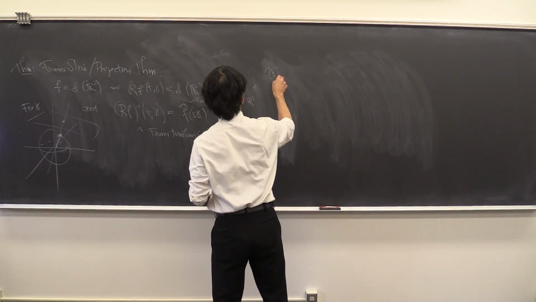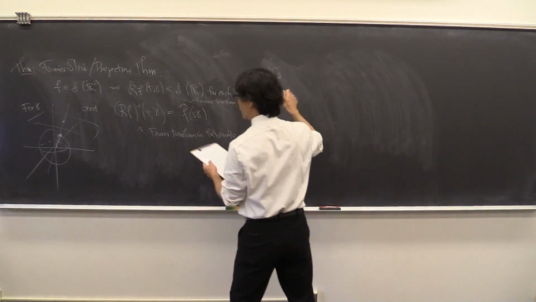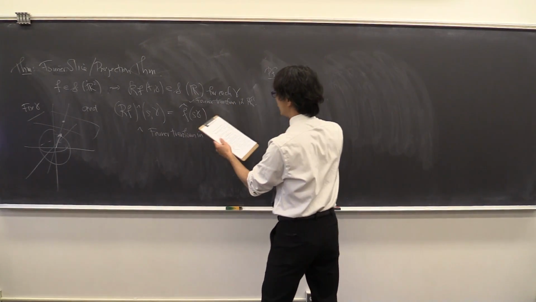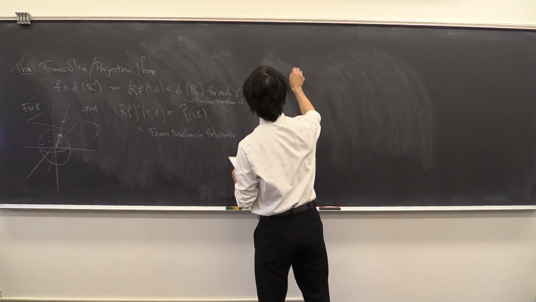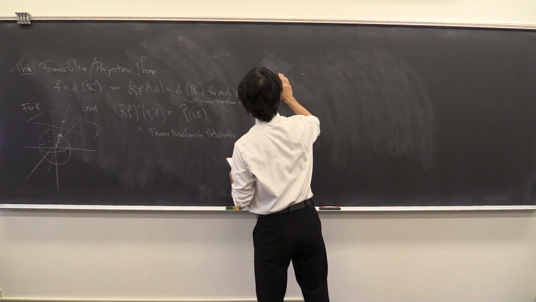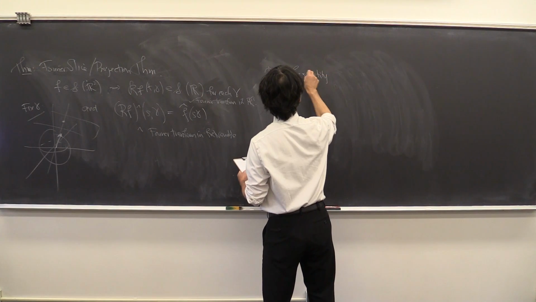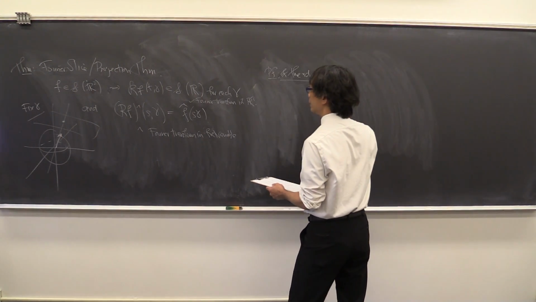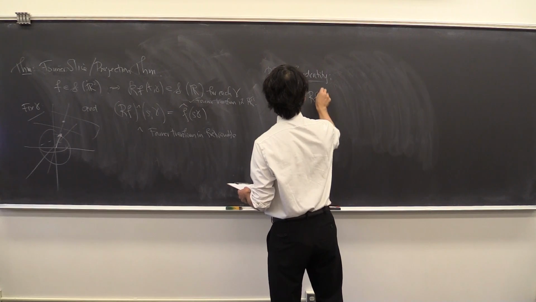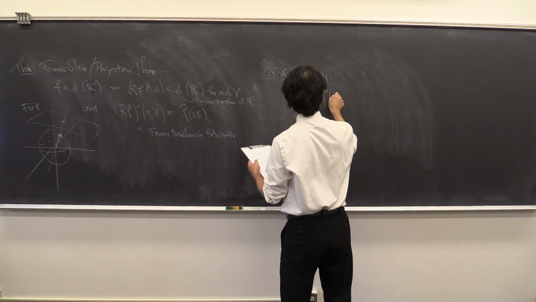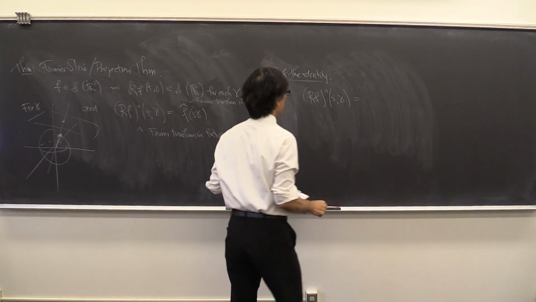The main part of the theorem is this identity here, which is just a calculation. So, proof of the identity. It's a calculation. You say, okay, well, let's take that.